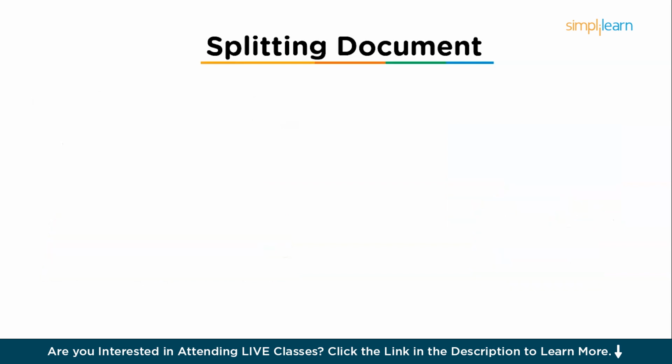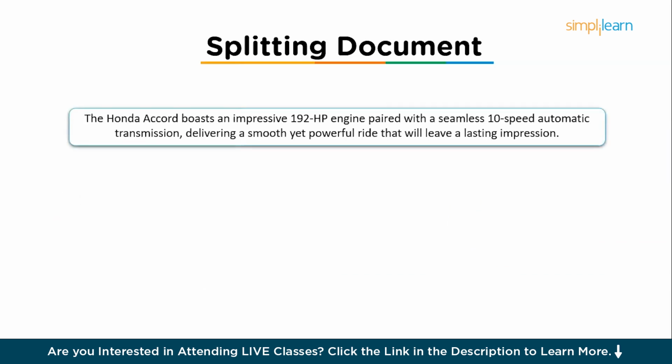For example, we have a sentence: the Honda Accord boasts an impressive 192 HP engine paired with a seamless 10-speed automatic transmission, delivering a smooth yet powerful ride that will leave a lasting impression. We can split this document into two chunks.